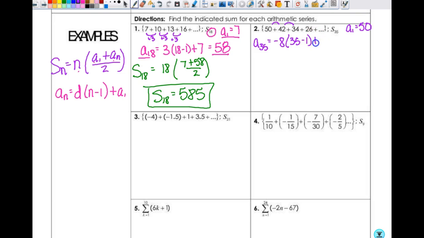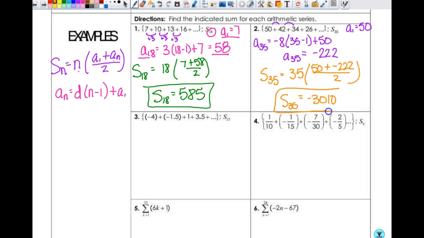I'm just writing the wrong things in the wrong places. Negative 3010, yes. Negative 3010.